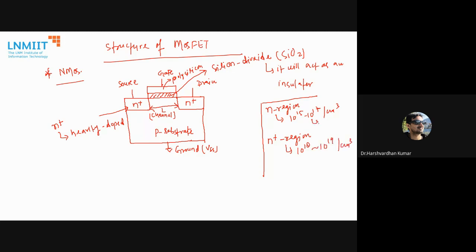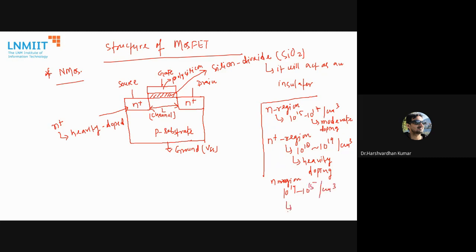So this is known as moderate doping. However, this is known as heavy doping. What about if this N region is 10 to the power 14 to 10 to the power 15 per centimeter cube?